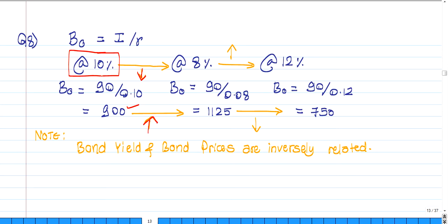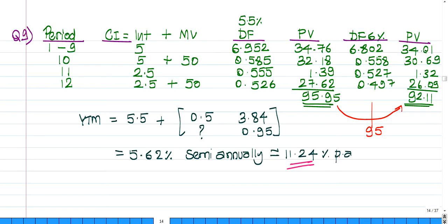The rate decreased from 10 percent to 8 percent, and the value of the bond increased from 900 to 1125. Again, when the rate increased to 12 percent, we calculate 90 divided by 0.12. Again the value of the bond decreased as the rate increased. So very important note: bond yield and bond prices are inversely related.